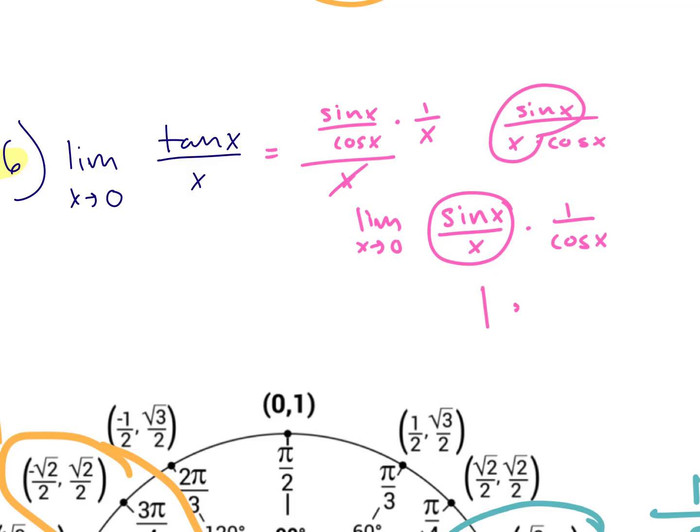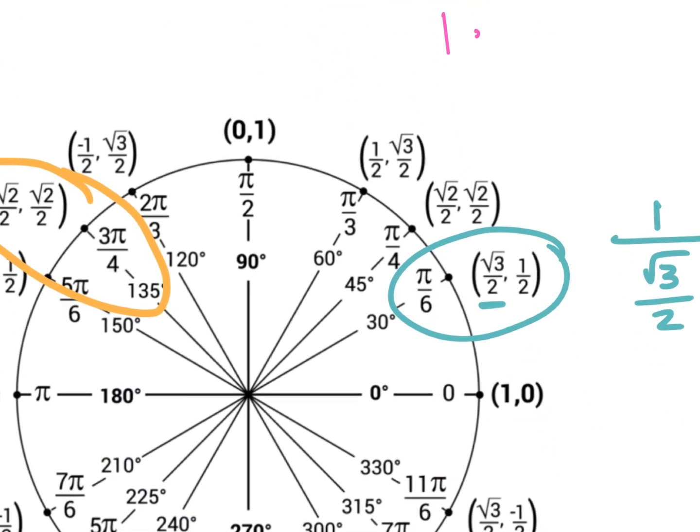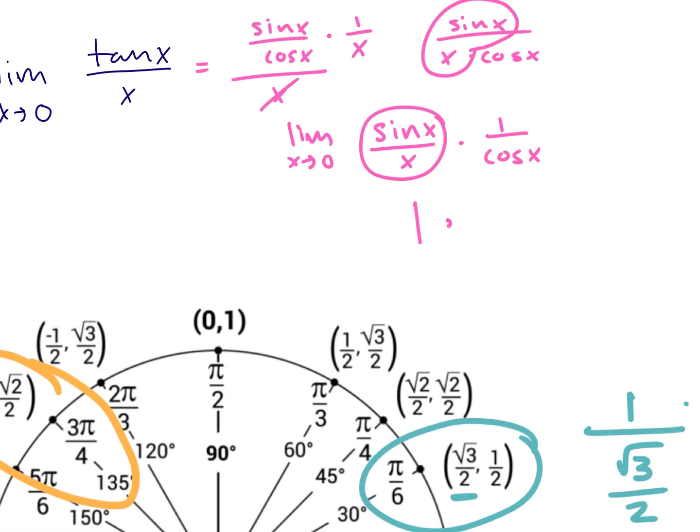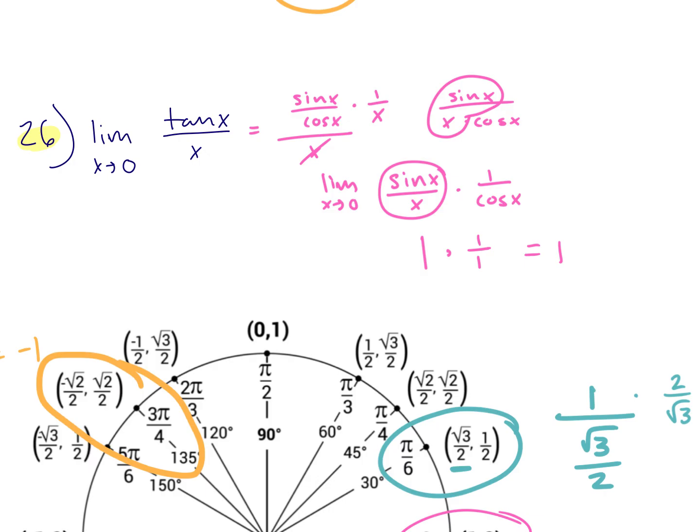And then what about 1 over cosine of x? When we use direct substitution, plug 0 in. What's the cosine of 0? 1. Let's look at our unit circle. Go to 0. The x value would be 1. So this would be 1 over 1. What's 1 times 1? 1. So our limit here would be 1.